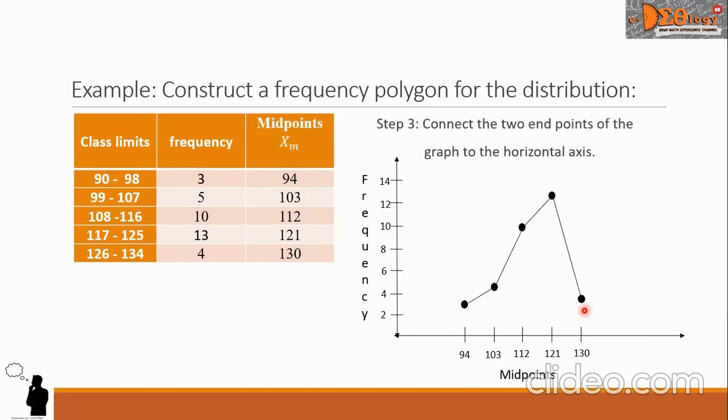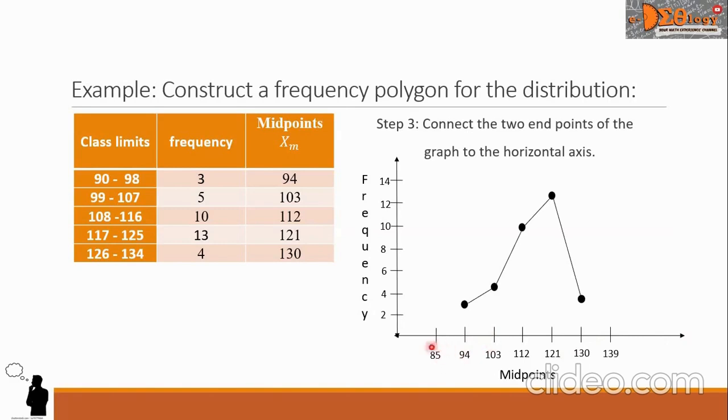Next, step 3 is to connect the two endpoints of the graph to the horizontal axis. It means we're going to add two more numbers of midpoints in the x-axis. One after 130 and the other one is before 94. Take note that the interval between midpoints is 9.